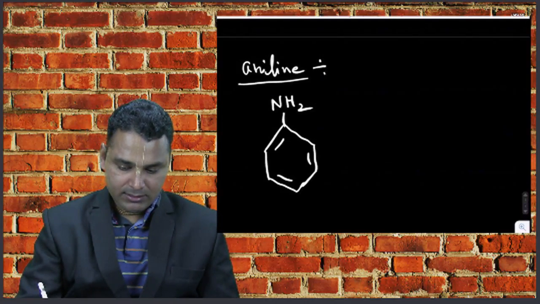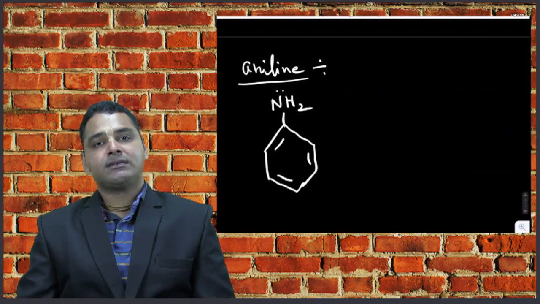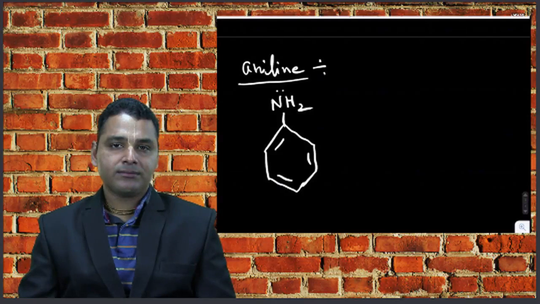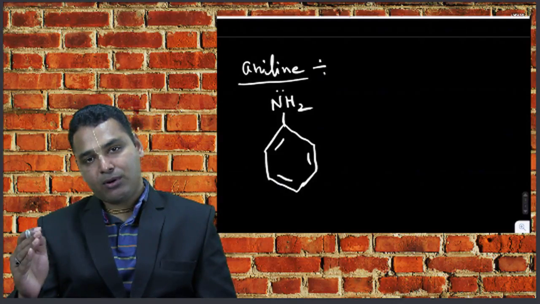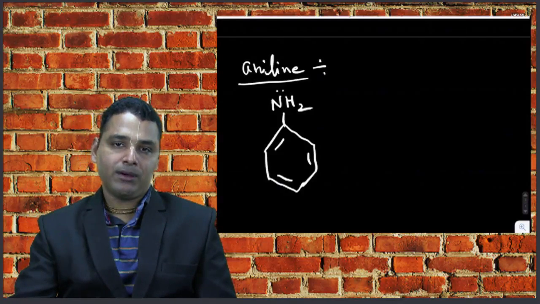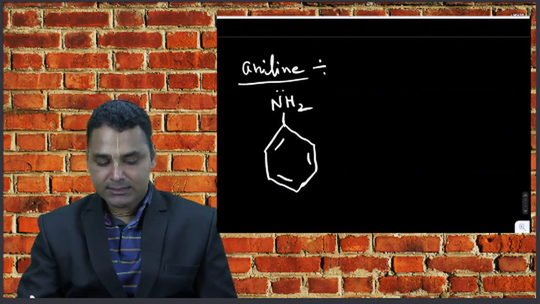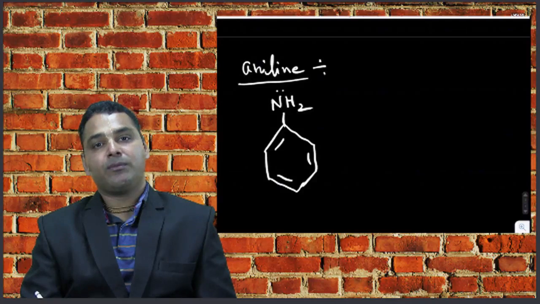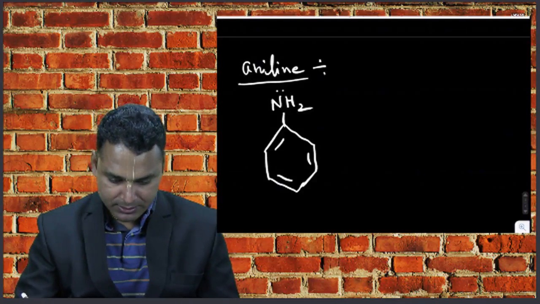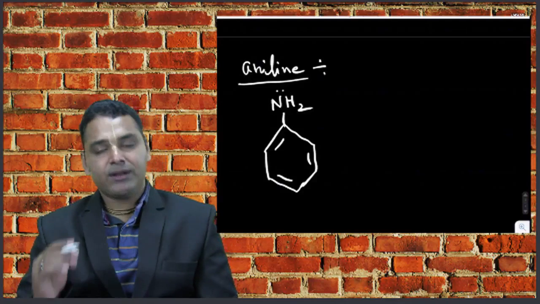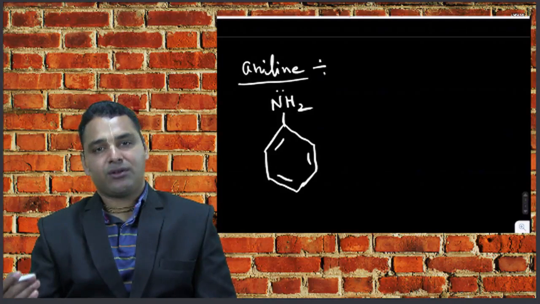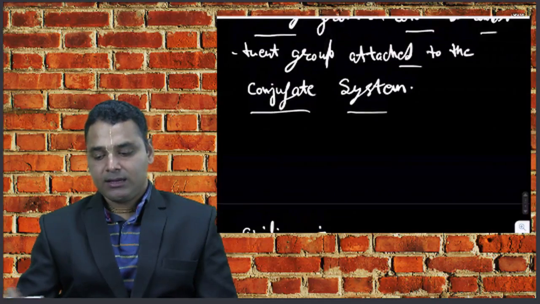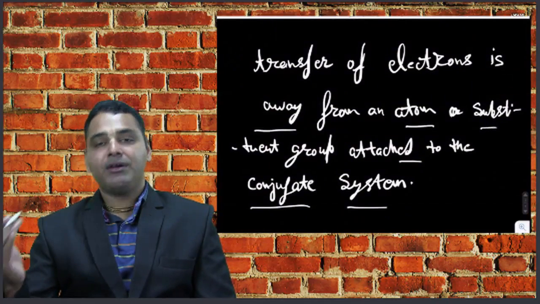The resonance effect is the interaction between two pi bonds, or between one pi bond and one pair of lone pair electrons. In this case, NH2 has one lone pair of electrons. The substituent group gives its electrons away from the atom.